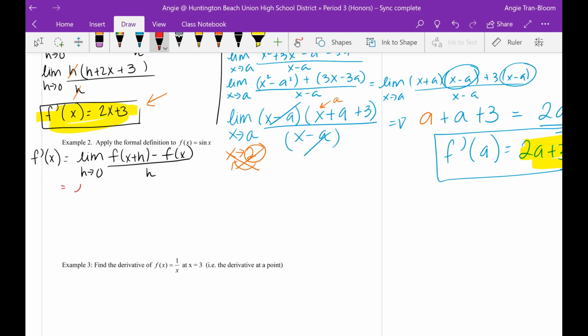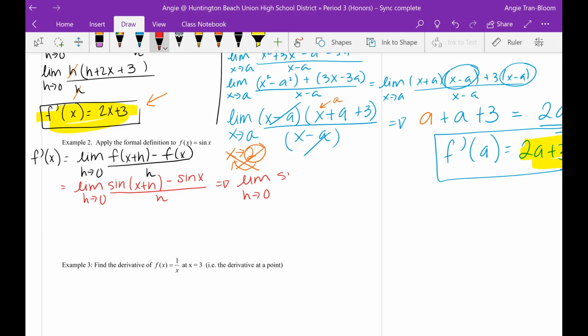So by definition, the limit as h approaches 0 of f of x, that means I now have sine of x plus h, minus sine of x all over h. And I hope that you remember your sum and difference formula.